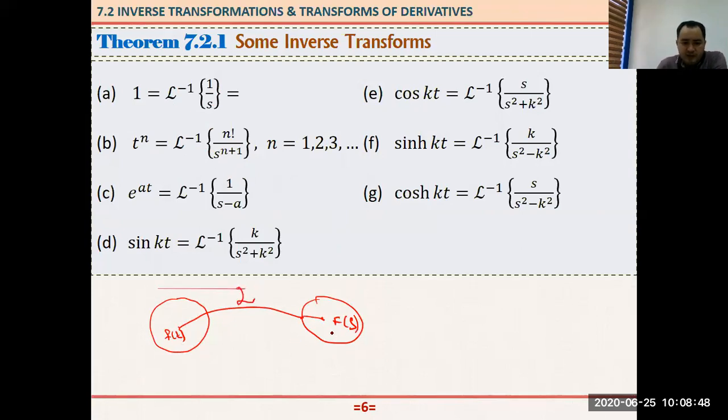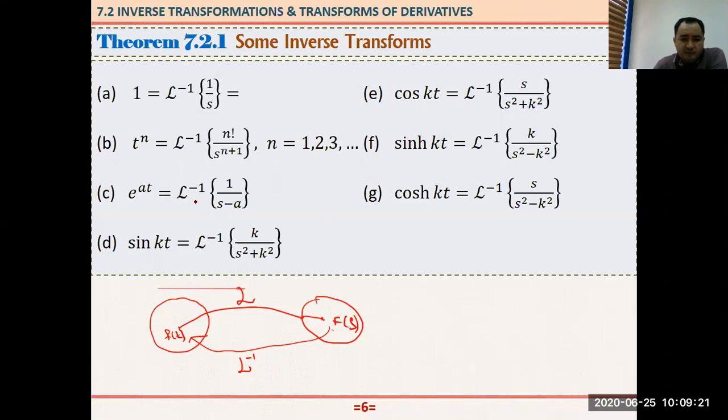But now we are talking about the converse, the inverse: we know F of s, so how can I get f of t? Or what function has a Laplace transform giving us F of s? To do this, we just use the inverse operation.